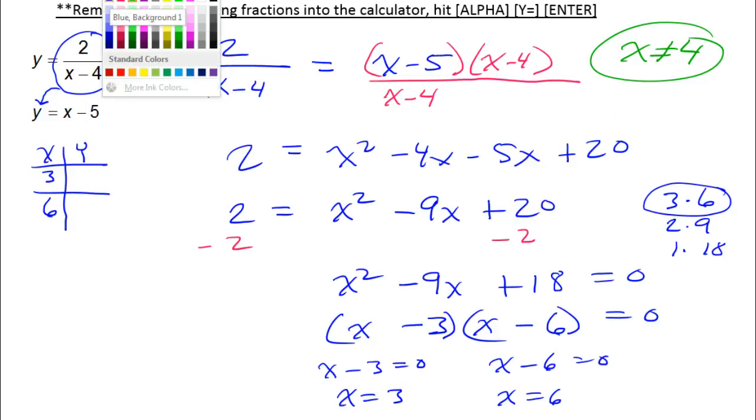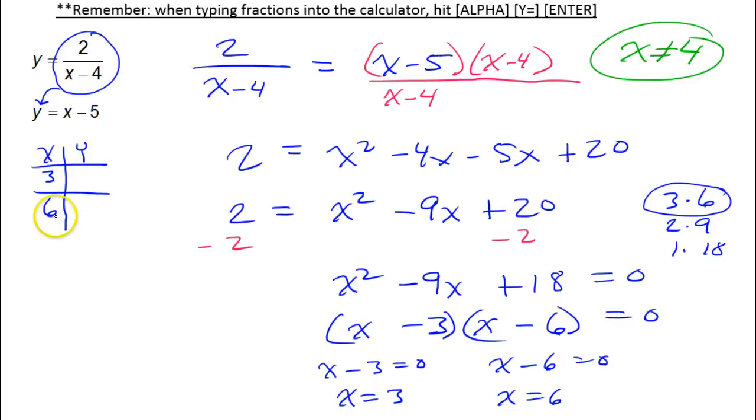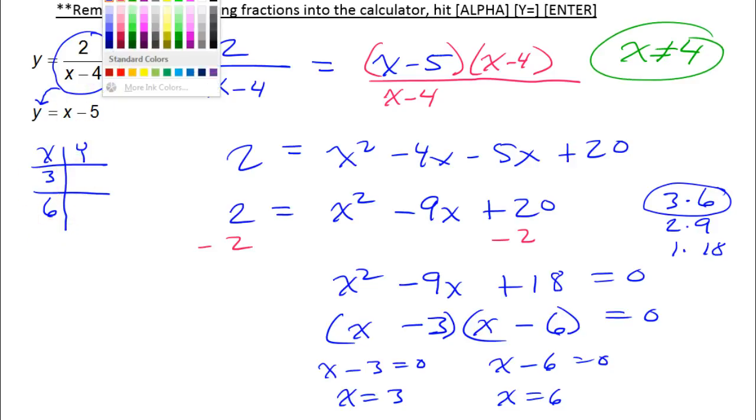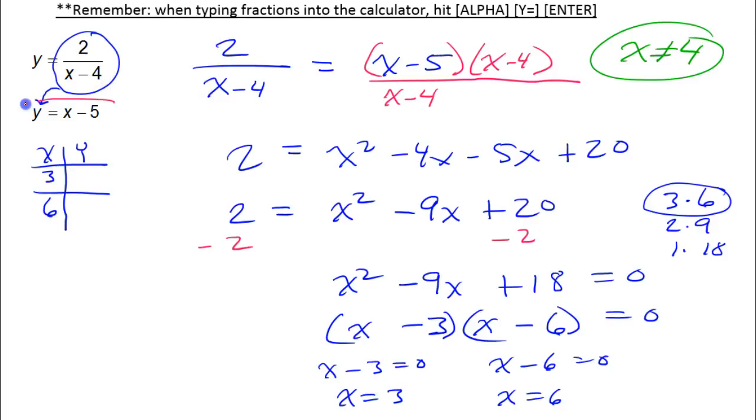Anyway, back to business. We need the y values. So the easiest way to get the y values right now would be to use this equation. So y is equal to x minus 5. We don't need a calculator for this, so it'll just be 3 minus 5 and 6 minus 5. 3 minus 5 is negative 2, and 6 minus 5 is 1.